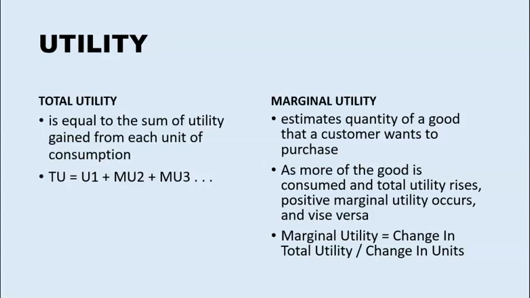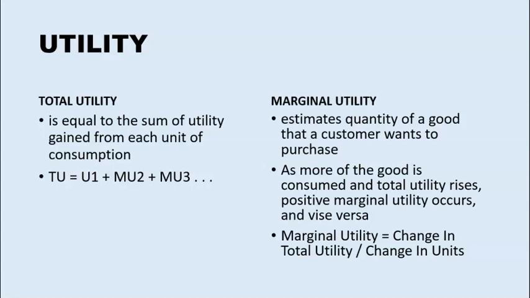Marginal utility is the additional utility gained from the consumption of one additional unit of a good or service. It estimates the quantity of a good that a consumer wants to purchase. It is calculated by the change in total utility divided by the change in the units. And we will look at this a little further in our video on how to do those calculations.